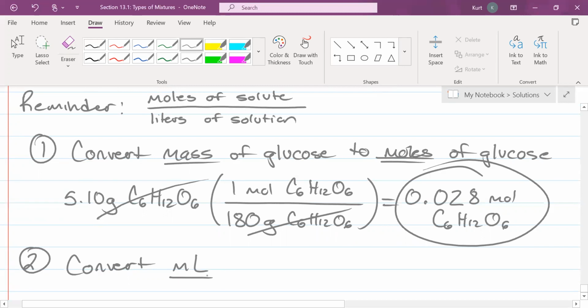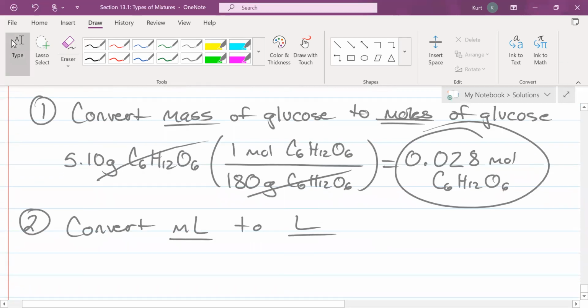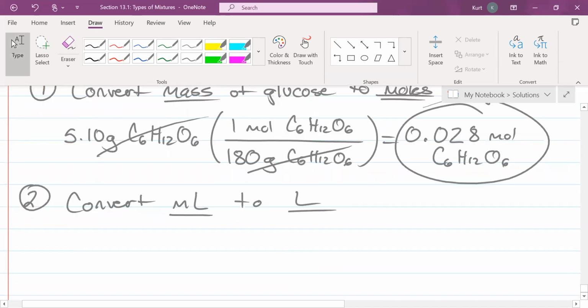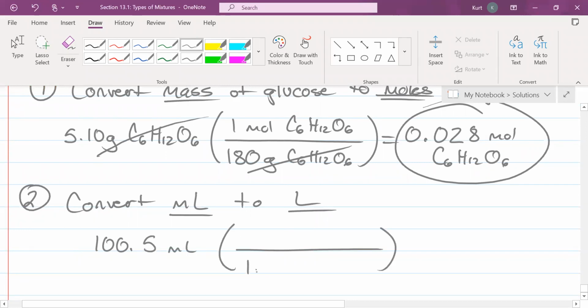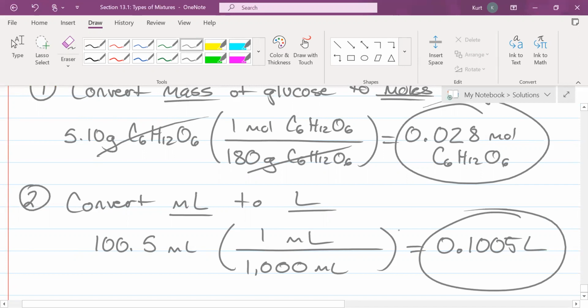How many milliliters are there in a liter? 1,000. So 100.5 milliliters, 1,000 milliliters on the bottom, 1 liter on top. That's going to equal 0.1005 liters.